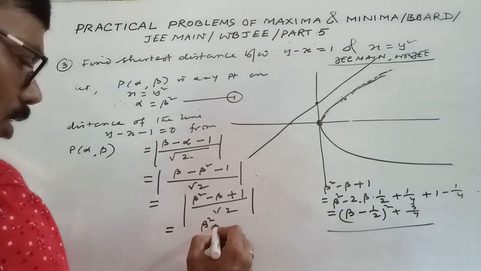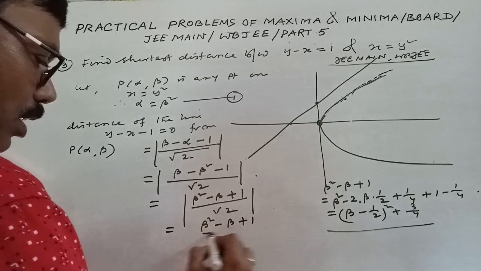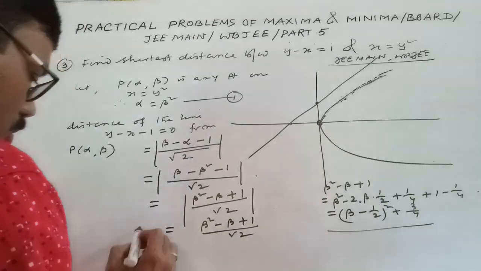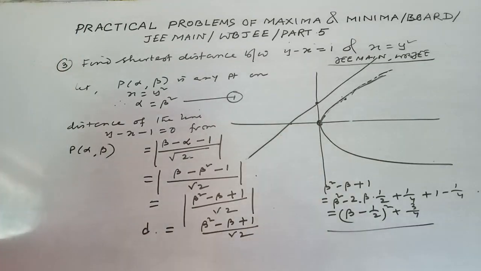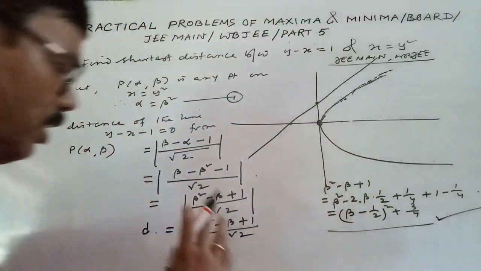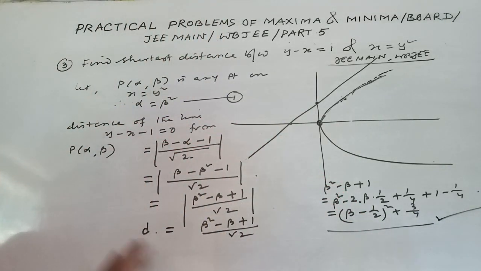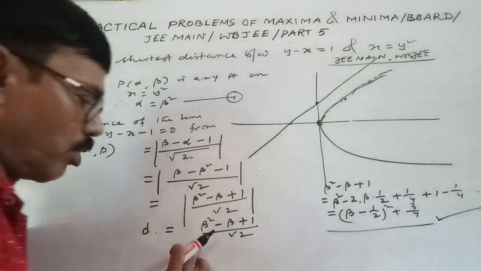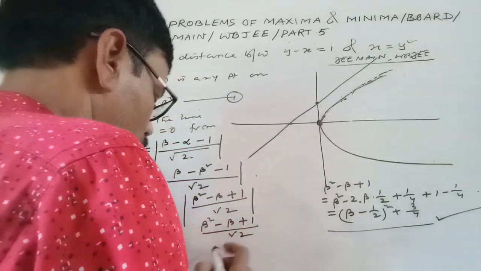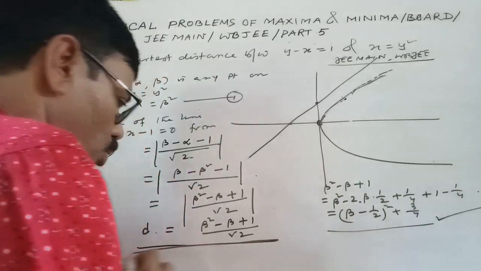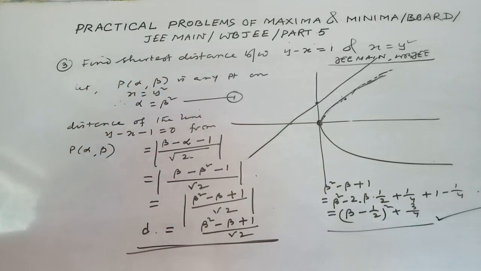So you can write this as the distance, this is d, because this one is positive. So we are getting the distance d equals to beta square minus beta plus 1 by root 2. So this to be noted.